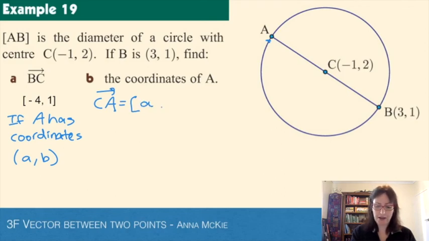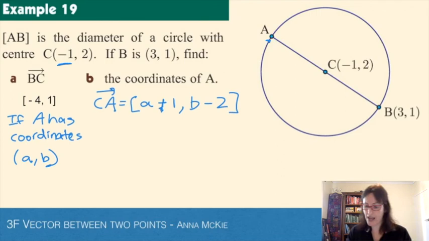So the first part of A is a, and it's a subtract the component of C, so it's -1, so that actually turns into a +1. Comma, you now look at the Y component of A first, and that's b, and you subtract off the Y component of C. So that's our vector CA.